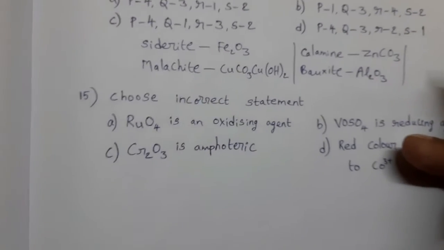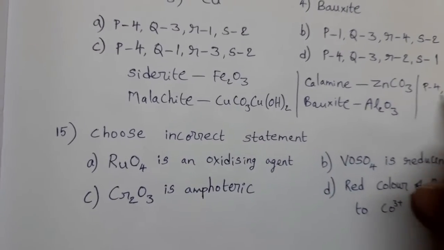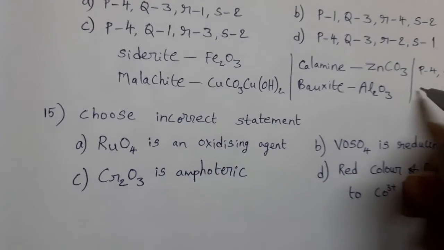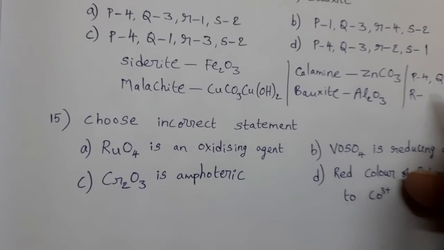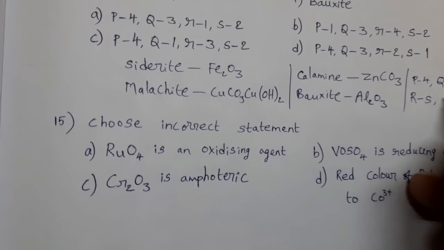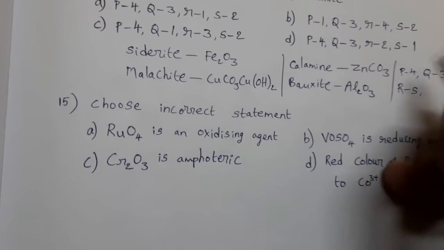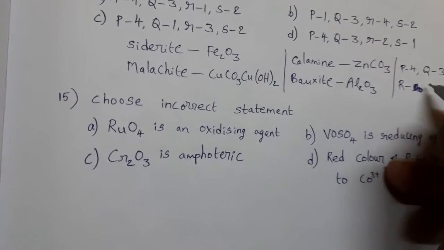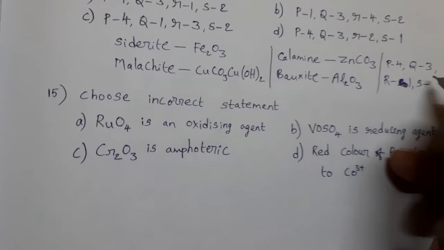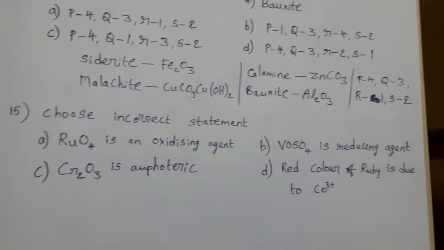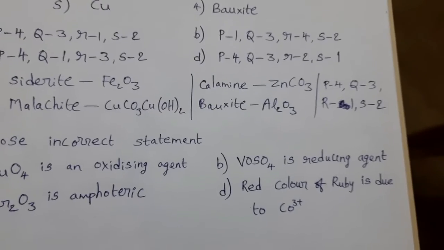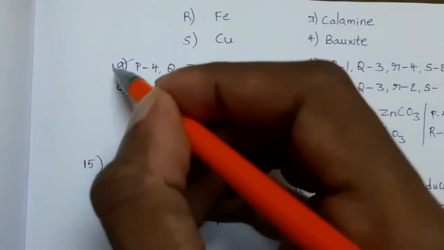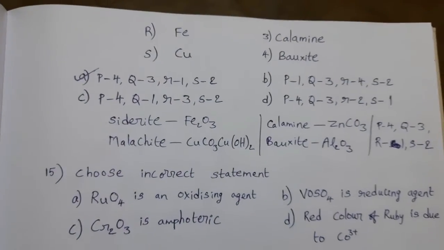Aluminium P4, zinc Q3, copper related to malachite R, iron related to 1, and S related to 2. So the option is P4, Q3, R1, S2. Option A is the correct answer. It is related to the metallurgy chapter.